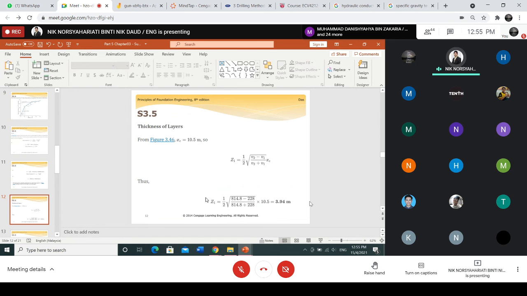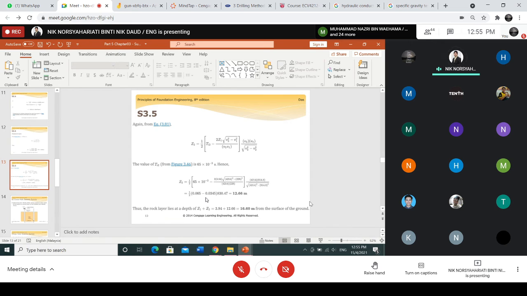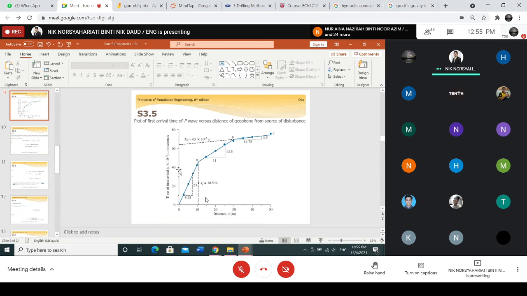The thickness of the layers, you can use this equation, which is Z1. And then for Z2, if you notice, it is nearly the same equation, but with an extra parameter, Ti2, which you can get from the plotting. For the Ti2, from the third segment, you just go straight, at 90 degrees, so you get the Ti2.